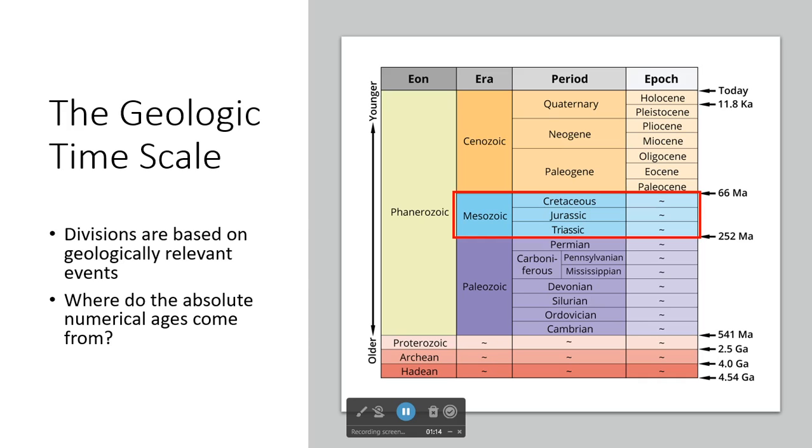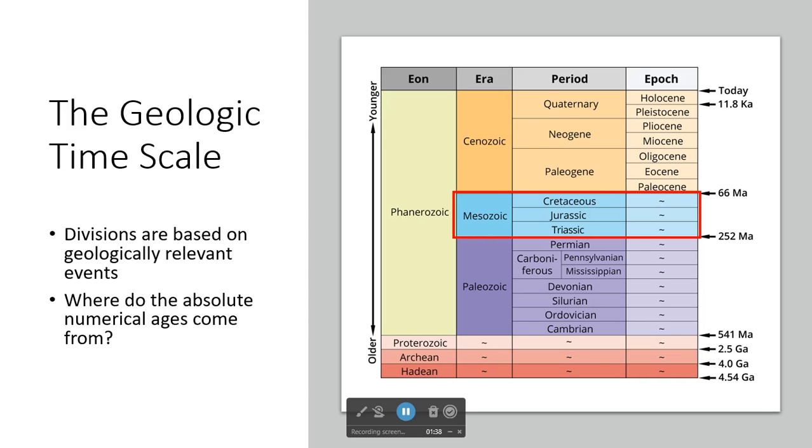We talked about the geologic timescale in Lesson 1 this week, and I just want to reference that the divisions of the geologic timescale are based on geologically relevant events. For example, highlighted in the red box here is the Mesozoic. Remember that means middle life, and that's an era in the Phanerozoic eon. This era is bounded by two major extinction events.